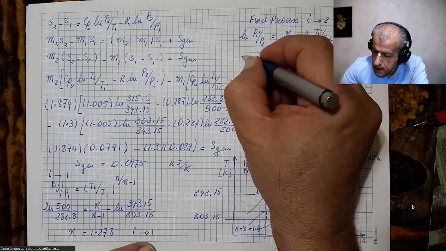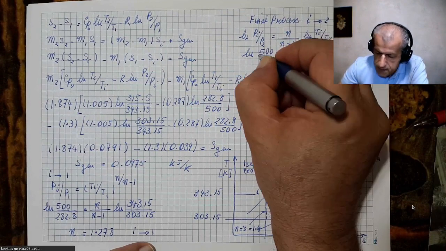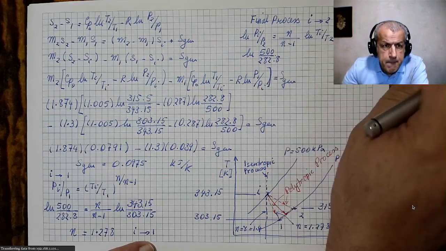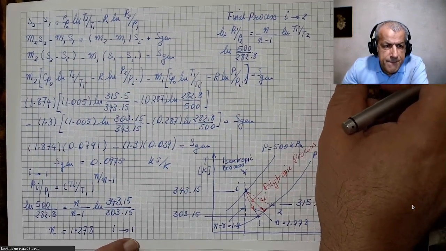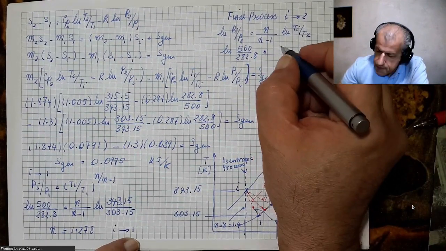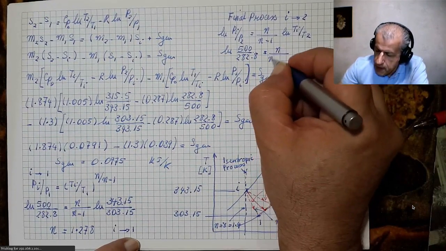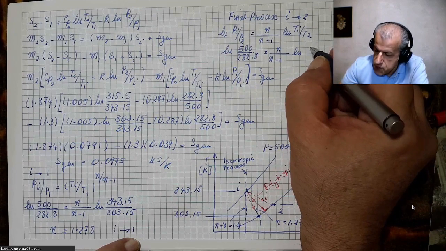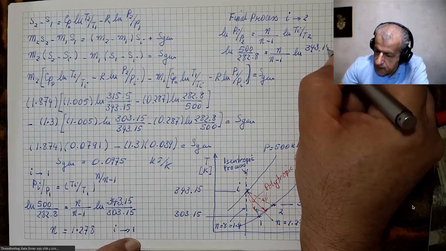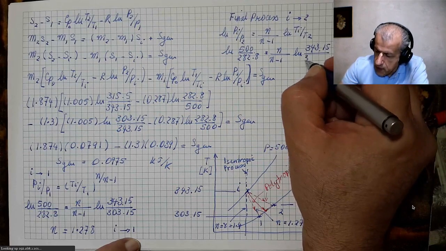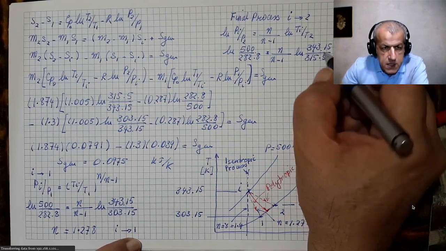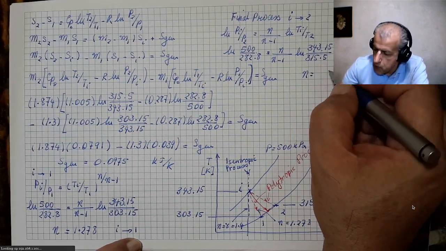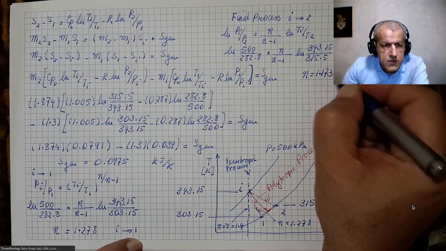Putting numbers to it, ln of 500 divided by 282.8 equals n over n minus 1 times ln of Ti, which is 343.15, divided by 315.1, which is T2, and that gives us n equals 1.173.